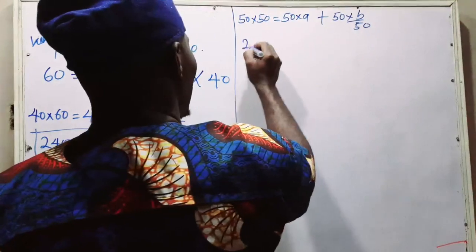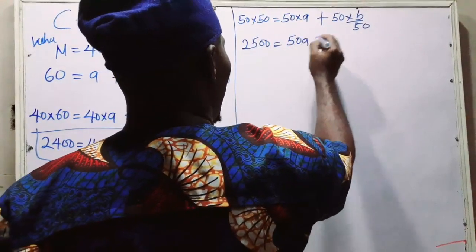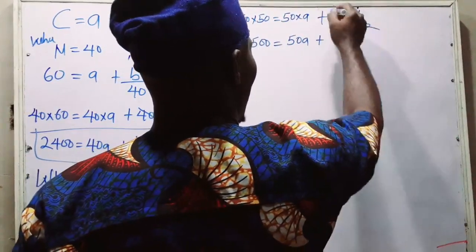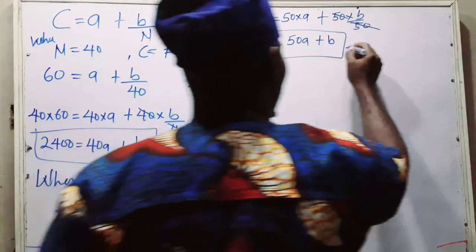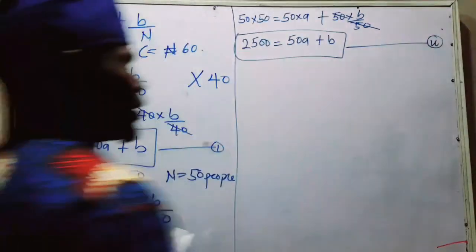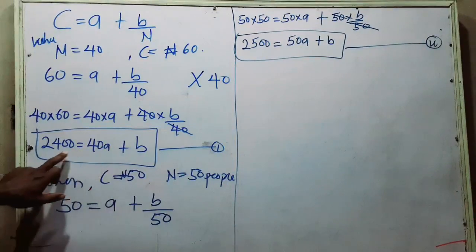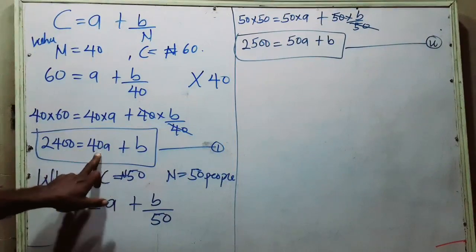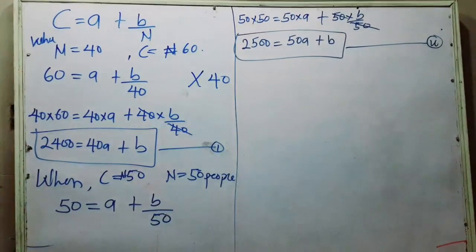So we have 2,500 is equal to 50A plus, we cancel 50, B. We represent this by equation 2. So let's just see now. Equation 1 is 2,400 is equal to 40A plus B. Equation 2, 2,500 is equal to 50A plus B.